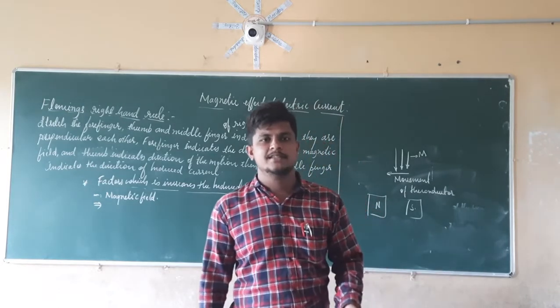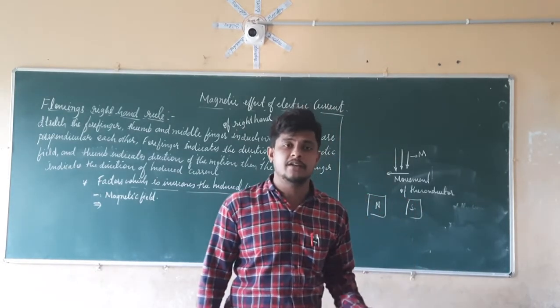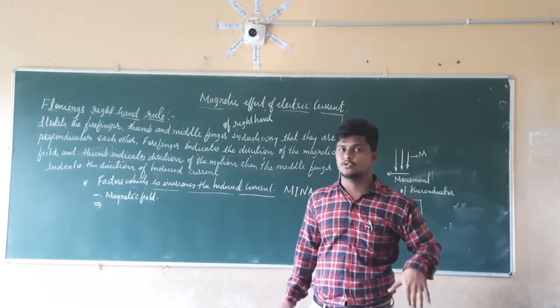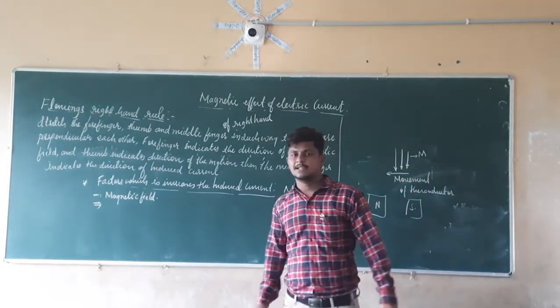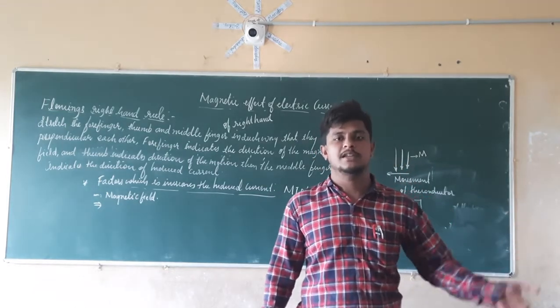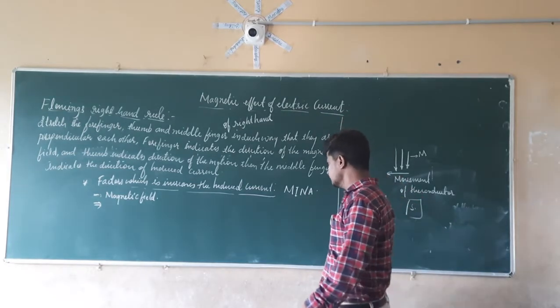If I increases, it is going to induce more magnetic field. If there is more magnetic field, that means there will be more electric current induced. So if you increase the electric current in the first coil, there will be more induced current in the second coil. So that is the second case.